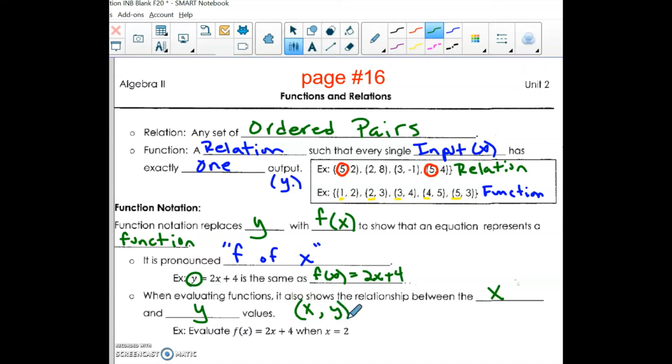So when we evaluate f of x equals 2x plus 4, you're taking the 2, which is an x value, inputting it into the equation, and it gives you the y value. So it's input, output. That's 2 times 2 plus 4, which equals 8. And we've got an ordered pair, 2, 8.